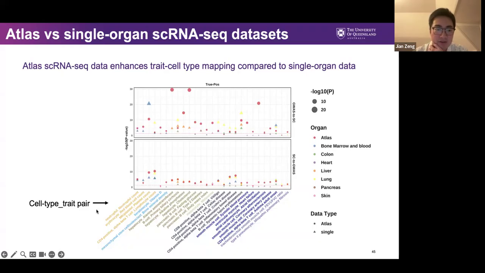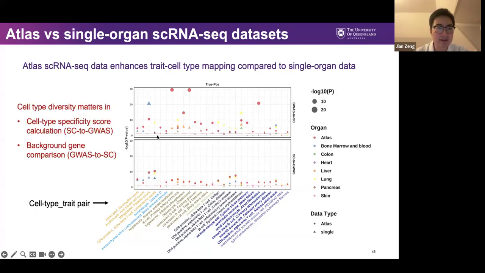The x-axis shows the cell type trait pairs. The results show that in most cases, the atlas data give a higher power than the single organ data set. That suggests that cell type diversity really matters.